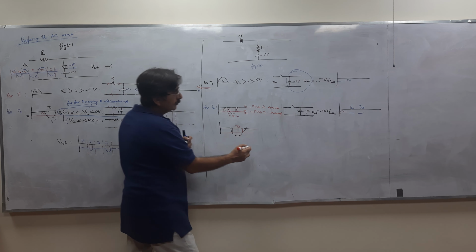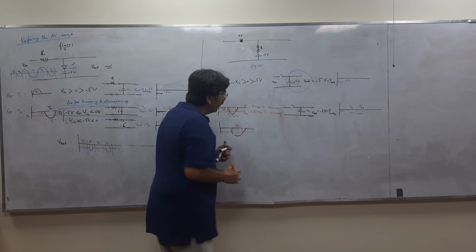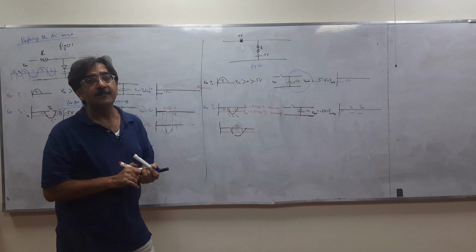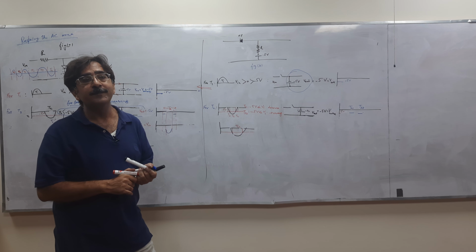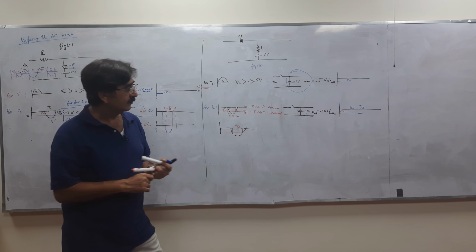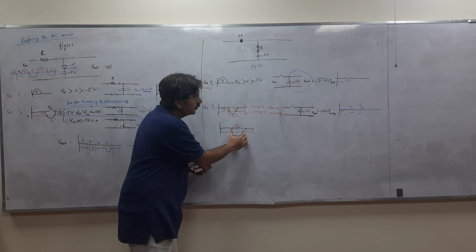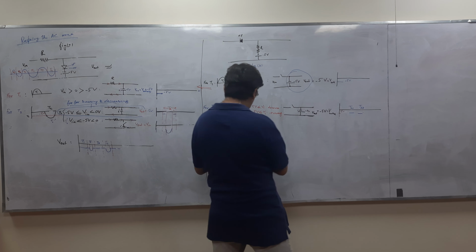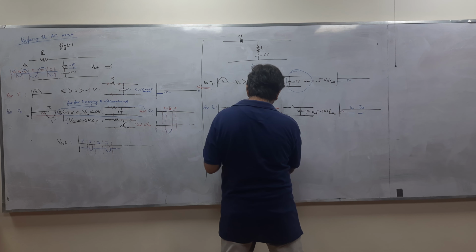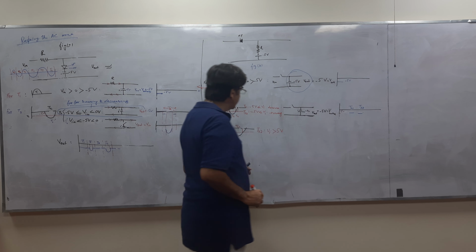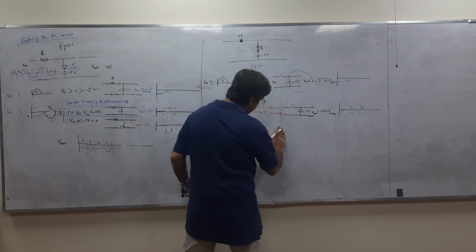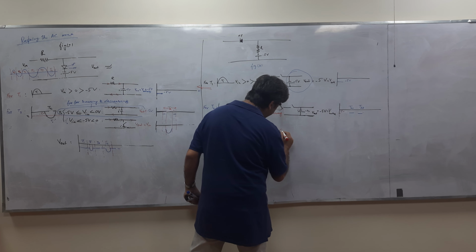Okay, now what is that? Yes, now it is less than. For T22, Vi is greater than minus 5V.